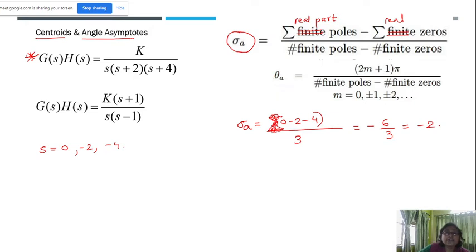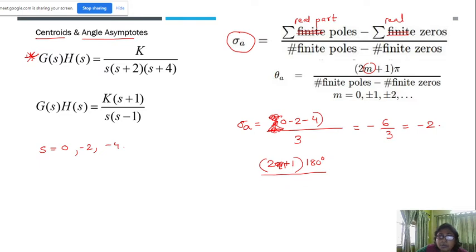Now angle of asymptotes. How to calculate the angle of asymptotes? Angle of asymptotes has a formula, that is (2m plus 1) times 180 degree divided by p minus z. Here it is written q, I am writing it m.